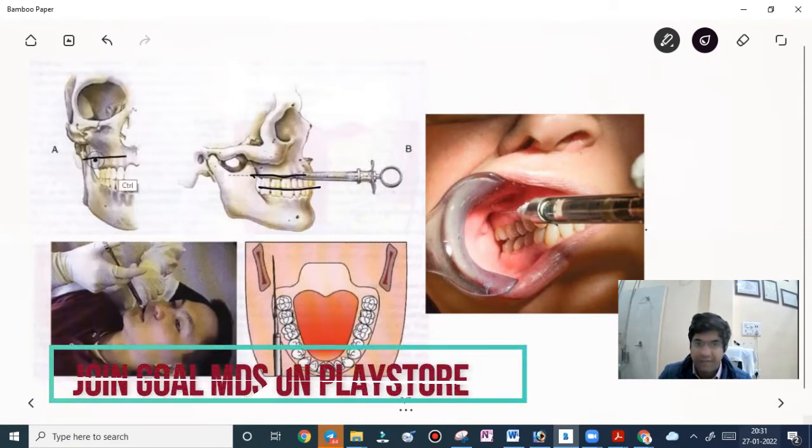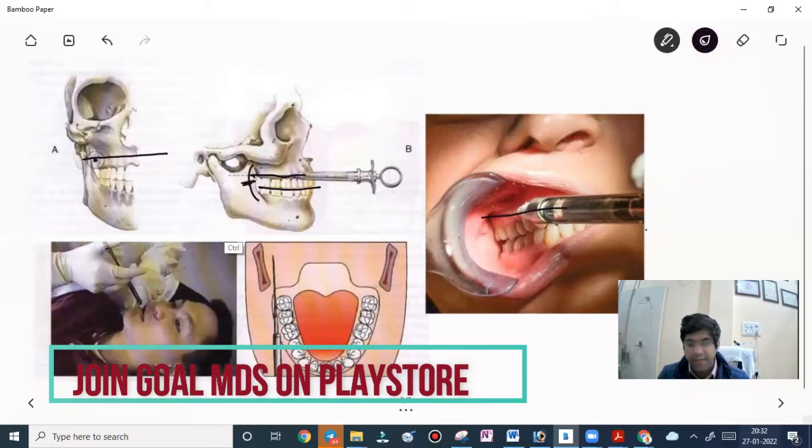So this is where somewhere here could be the position. So the needle penetrates the mucosa just medial to the ramus.